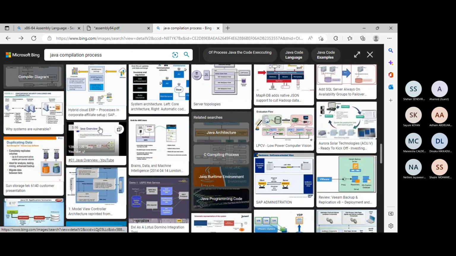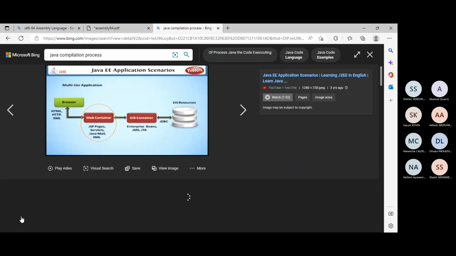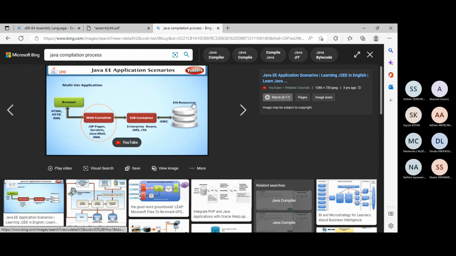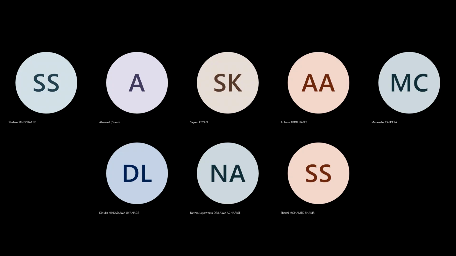Confusions, hard things to understand, or very easy to understand. Sometimes today it might be really easy to understand. What is the story? Any questions?